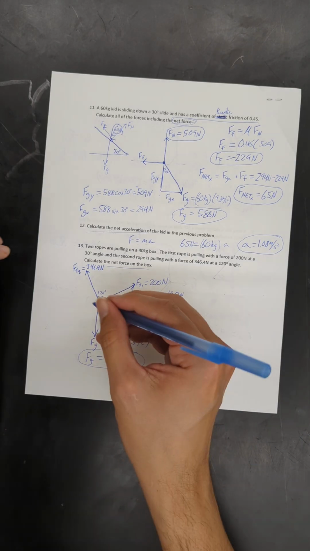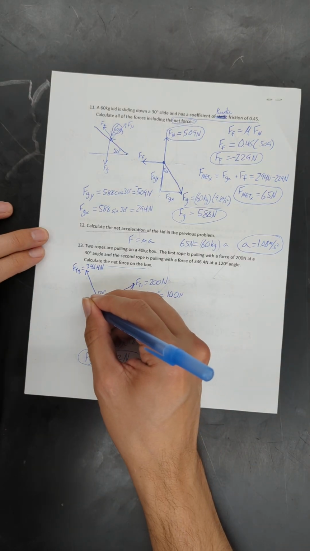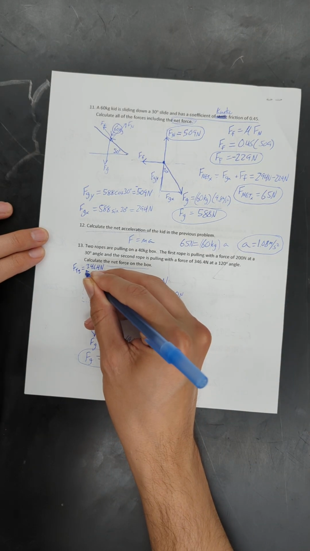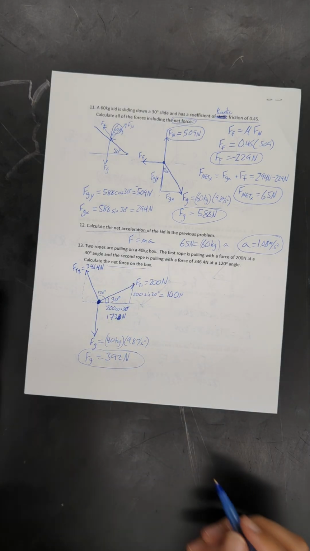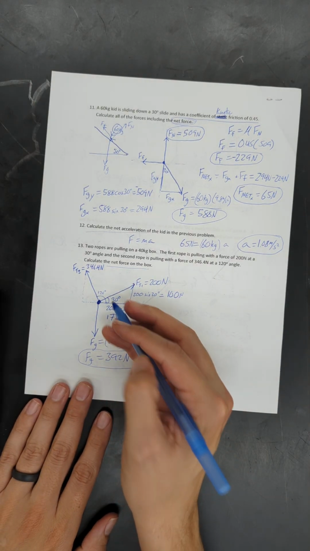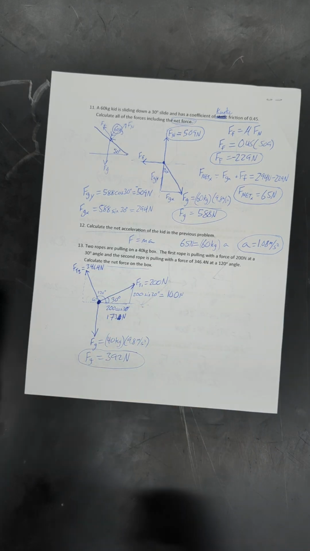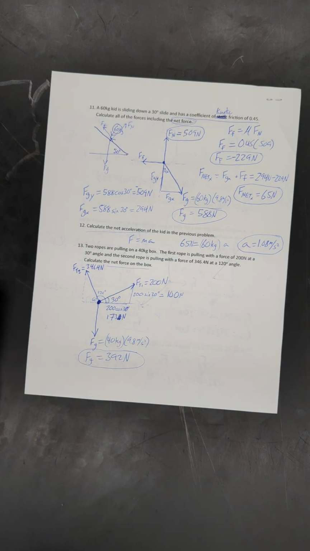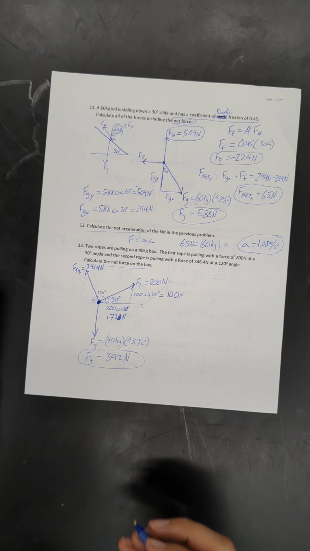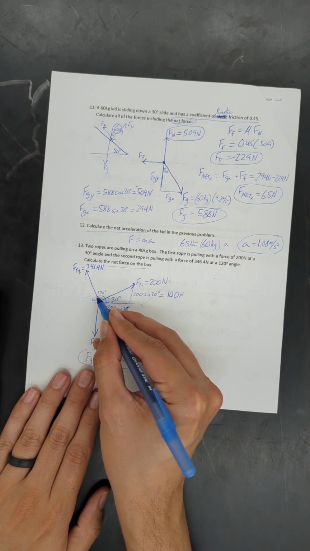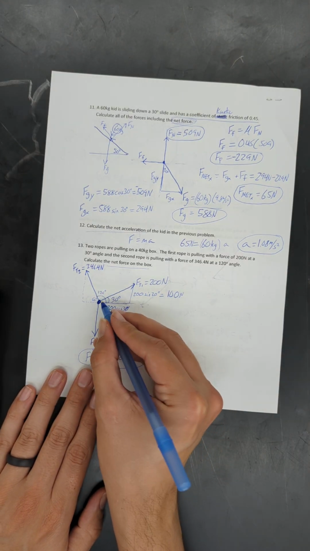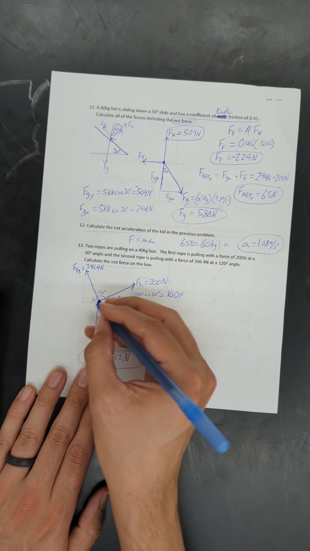All right, now we got to break our other one down into components. Remember, there's a couple ways to do it. You can use this angle right here. This would be 60. I am not going to do it that way. Because they give me this really great angle right here, 120, I'm going to remember that cosine refers to my x-axis.